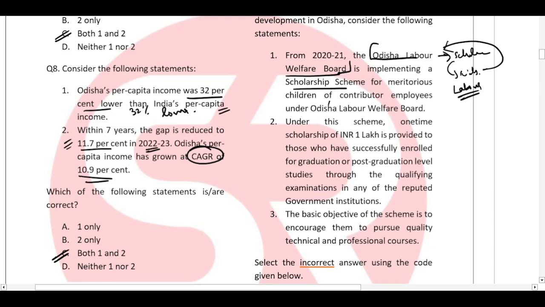Statement 2 says, under this scheme, a one-time scholarship of 1 lakh rupees will be provided to those who have successfully enrolled for graduation or post-graduation and have qualified the examinations of reputed government institutions.